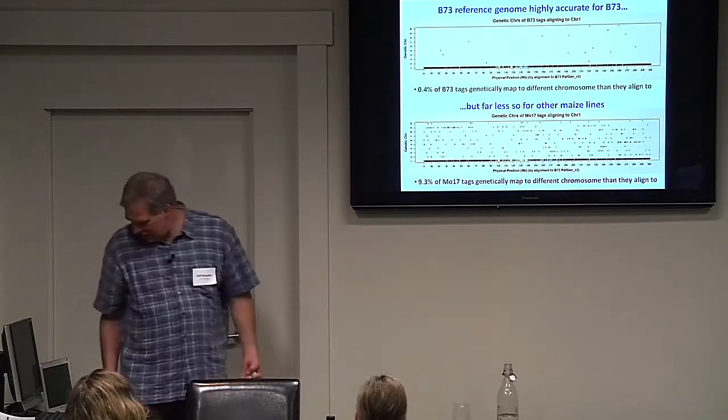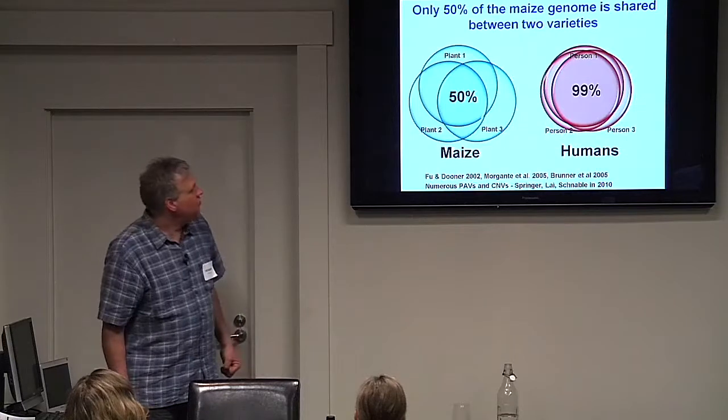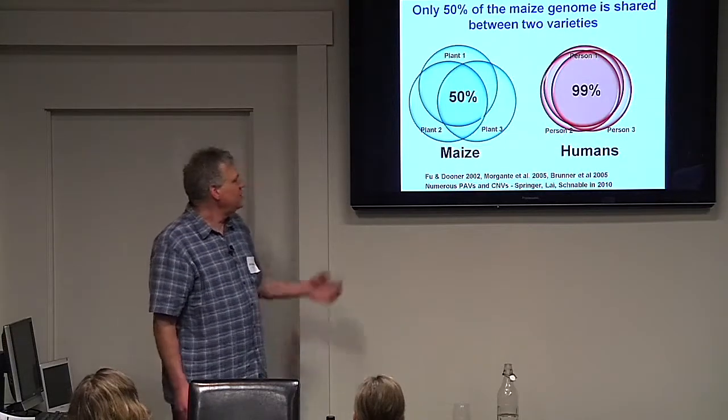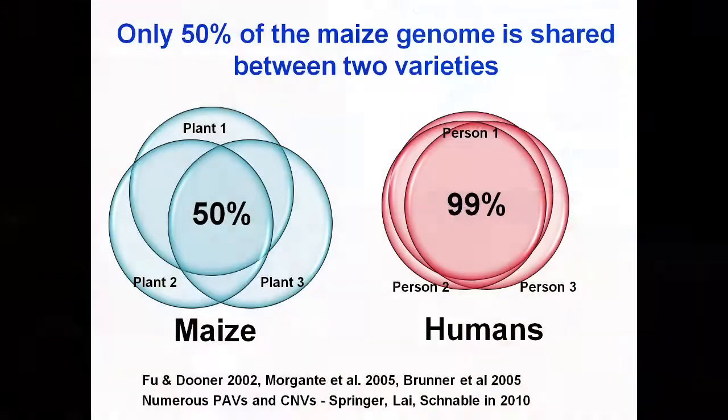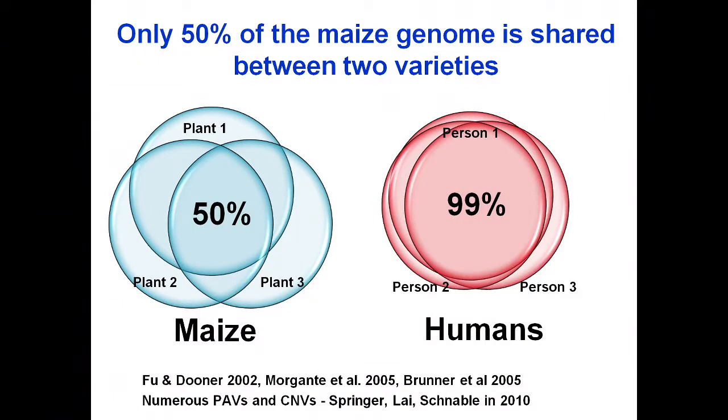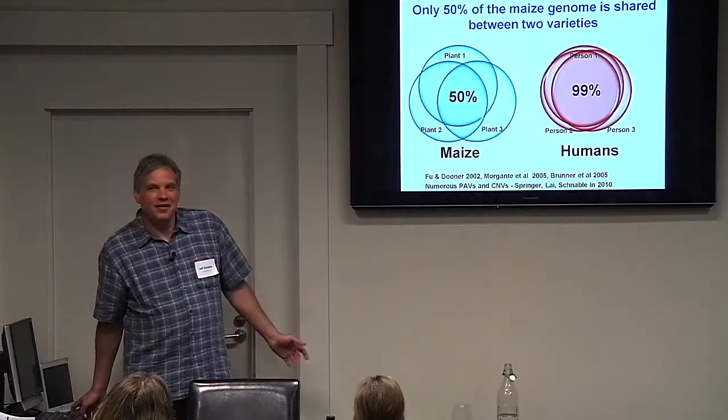That's because there's so much structural variation in maize. Any two maize plants only share about half their genome. It's usually the genes, and the stuff in between the genes is changing. It's got all this transposon variation. Sometimes the genes are coming and going even. So any questions on that part?